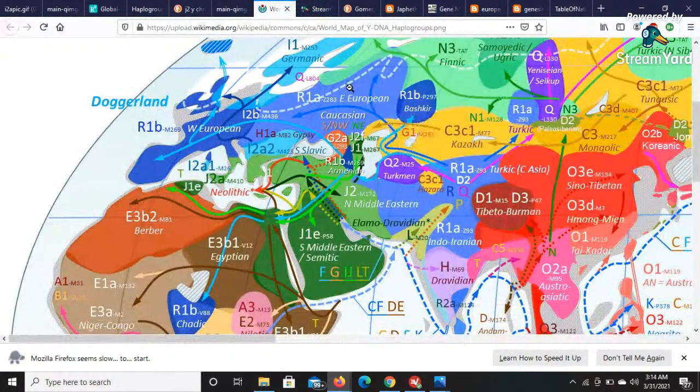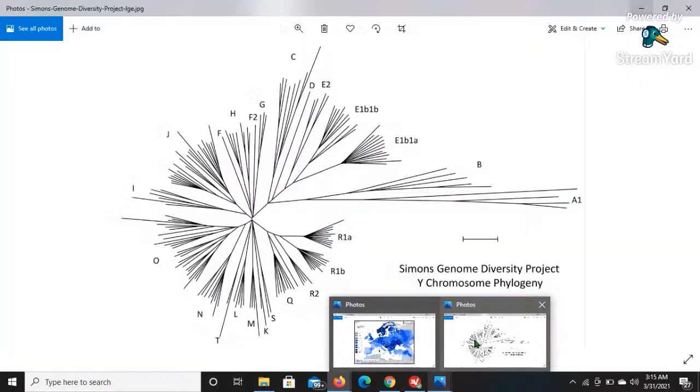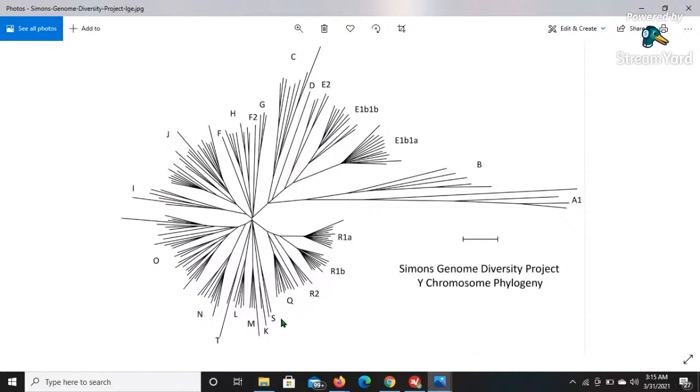Yeah, so it's making more sense now. At least it should be. Let's say Shiraz and Javan are the Neanderthals in Europe, and one of these people, like maybe Madai, maybe they are the Denisovans, and maybe some of their relatives are still surviving today, according to this, because we have the S, the K, the M, and the L, the T, which are almost separate trees.